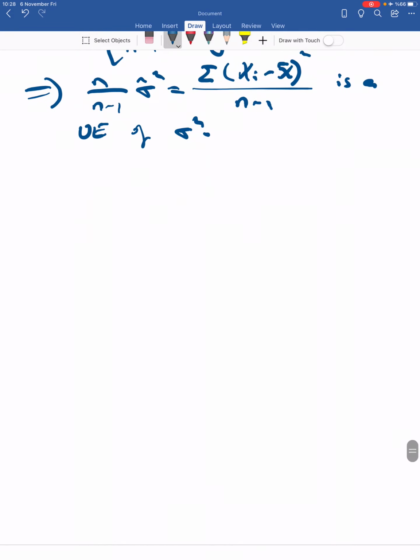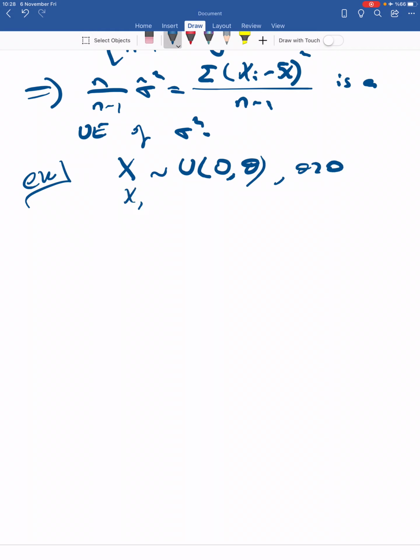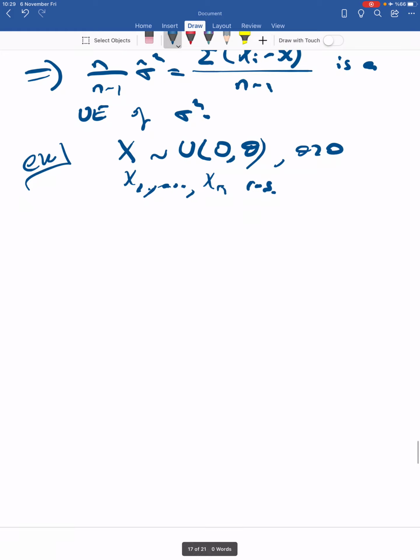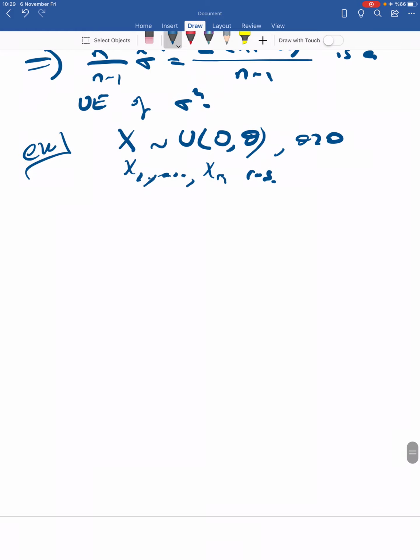Let's consider another example, a uniform example. Remember, from 0 to theta, where theta is positive, and again let's assume that we have a random sample of size n. If you remember, we found the MLE by inspection, not differentiation. The MLE theta hat is obtained as the nth order statistic.